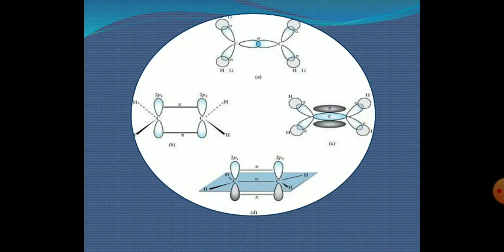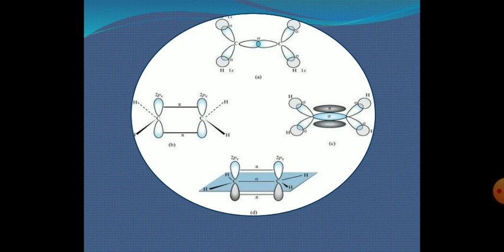Now look at this figure. You will notice that during the formation of C2H4, that is ethene, the hydrogen atoms present at the first carbon and the second carbon are overlapping.